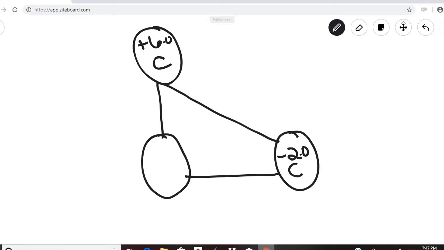And this one is positive 4.0 coulombs. Positive, make sure that's clear. Positive 4.0 coulombs. And then if we put distances in here, this is 0.34 meters. This is 0.48 meters. And this one is 0.34 meters.